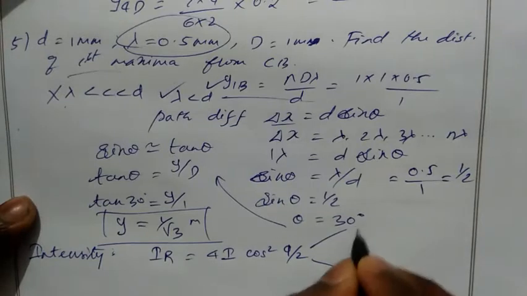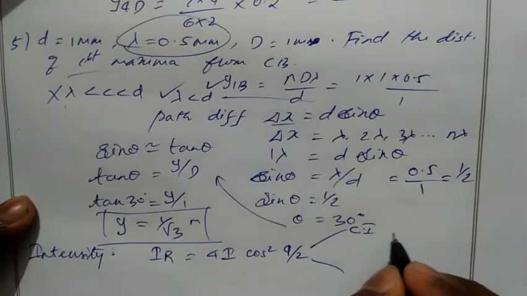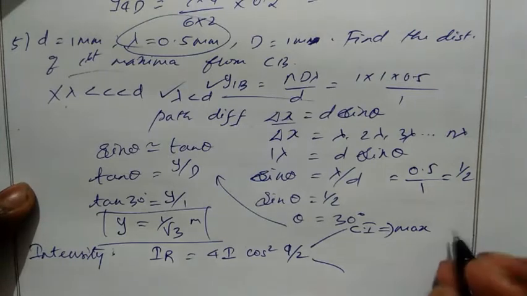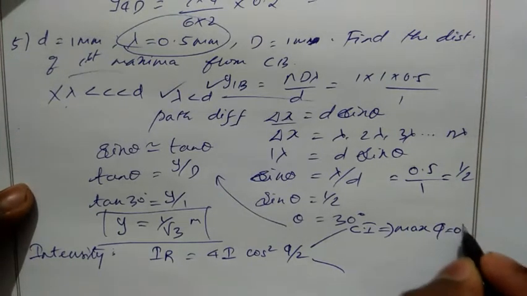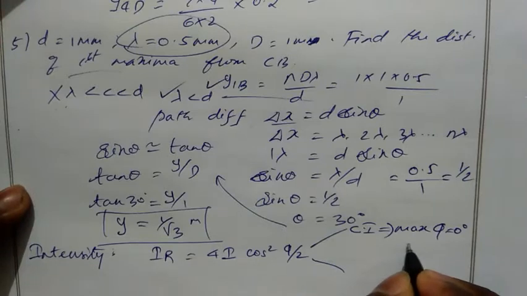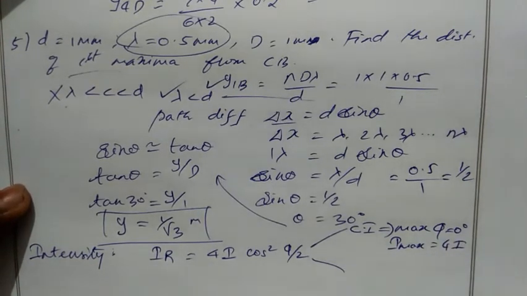First one, constructive interference. If it is constructive interference, then we get maxima. So we have to substitute phi equal to 0 degree, because we know cos 0 is maximum value 1. If we substitute phi as 0, cos 0 value will be 1, so we will get I max is 4I.